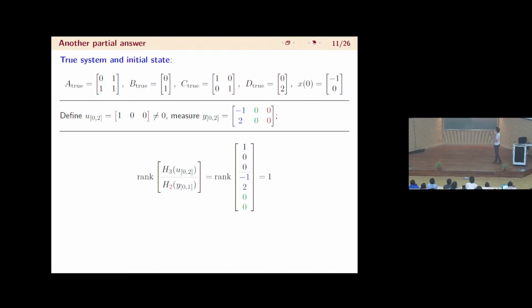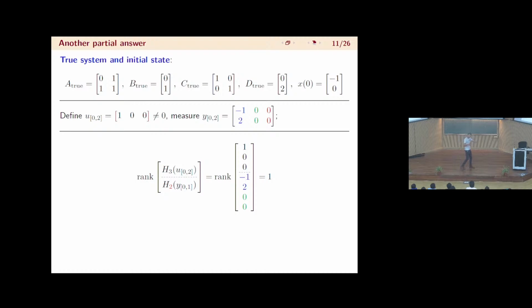Then we consider an input-output Hankel matrix of the data. And the idea of this online experiment design is to increase the rank of this input-output Hankel matrix at every step. So using this data, I just have 1 column in my Hankel matrix, right?